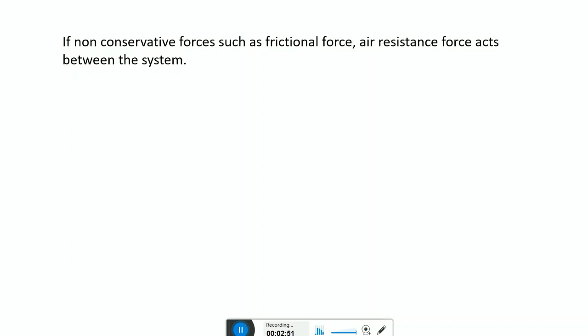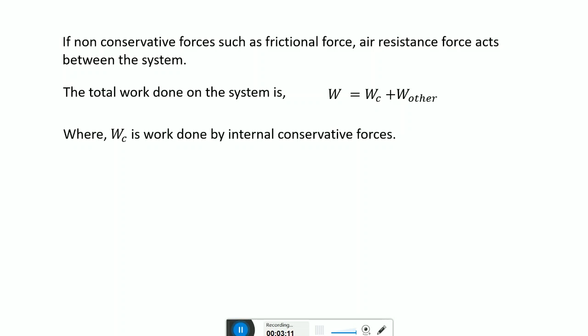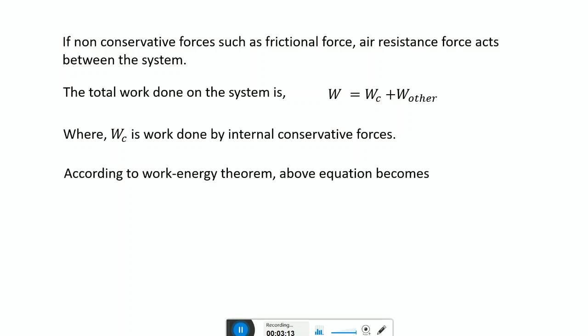If non-conservative forces such as frictional force or air resistance force act on the system, then the total work done on the system is W is equal to Wc, means work done due to conservative force, plus W other, work done due to other forces. According to the work-energy theorem, our equation becomes Wc plus W other is equal to Kf minus Ki.